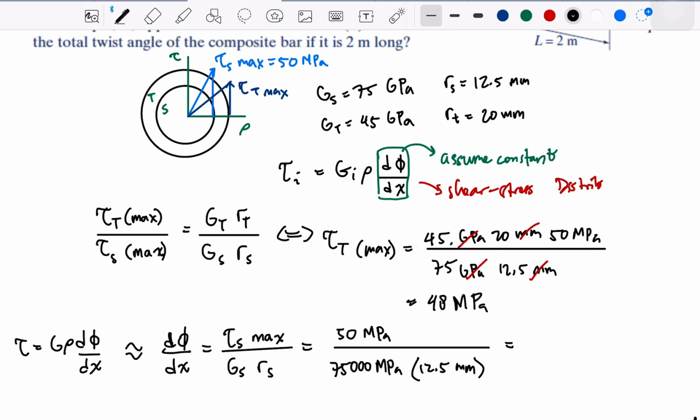So it's going to be 5.333 radian per millimeter. Or if you would like to take it in meters, you can just multiply by 1000, which is 5.333 rad per meter.